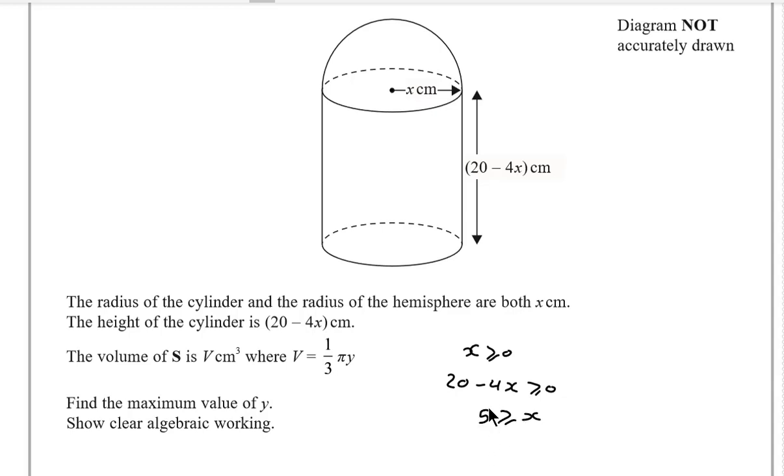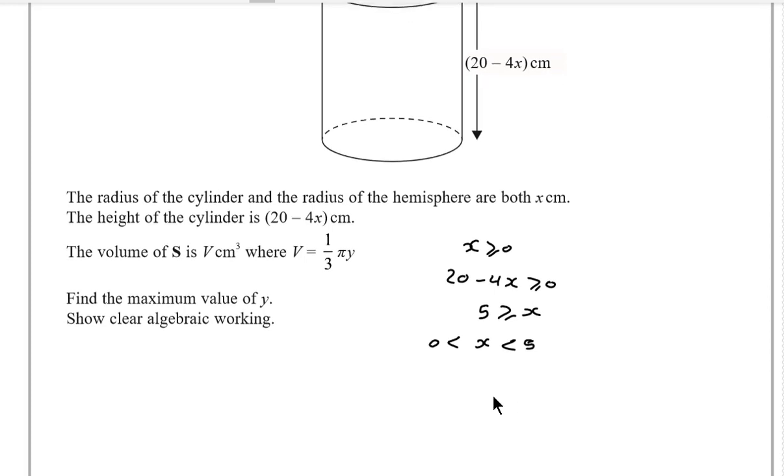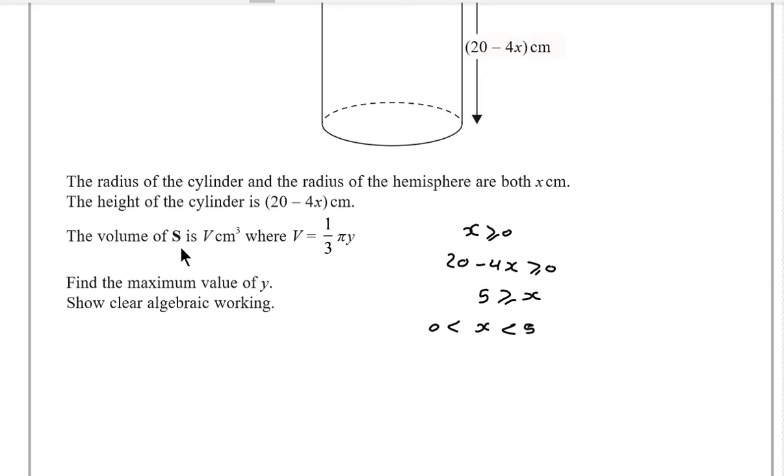So if we combine these two conditions, x should be more than 0 and less than 5. Okay. Now, because we are talking about maximum value, we are talking about an application of the differentiation.